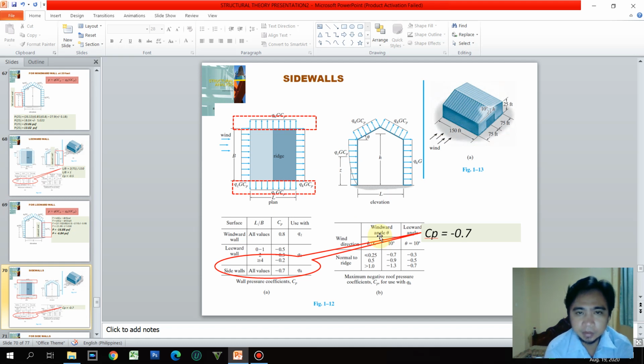Next is the side walls. The side walls are these sides, or the sides which are parallel to the direction of the wind. Of course, it is also present in the table. We have side walls. We do not need to investigate all L over B because it is applicable to all values. It should have a CP of negative 0.7.